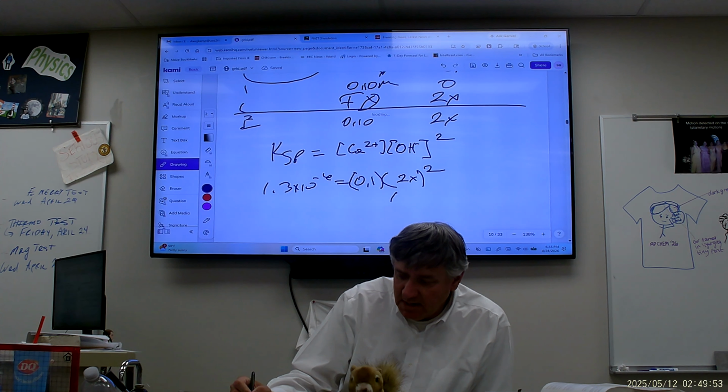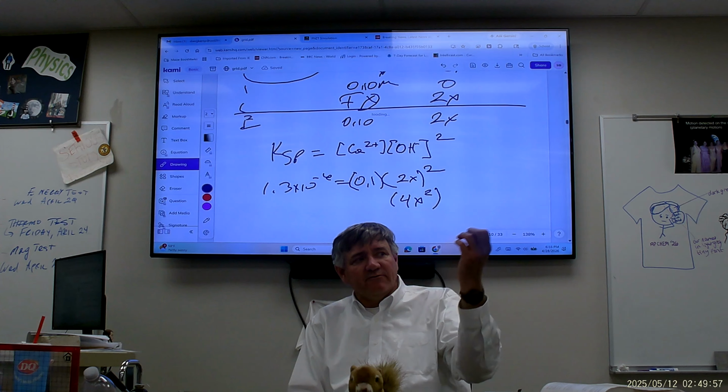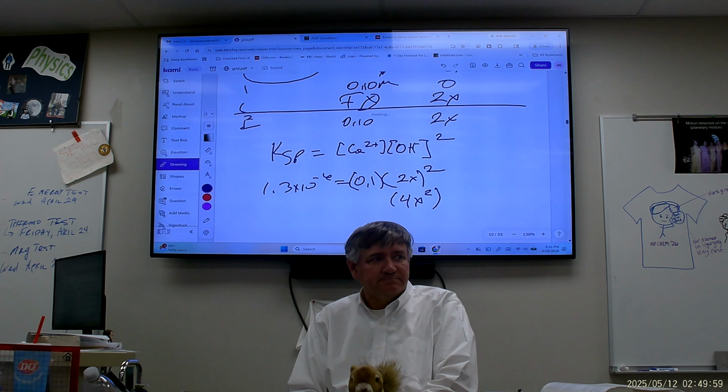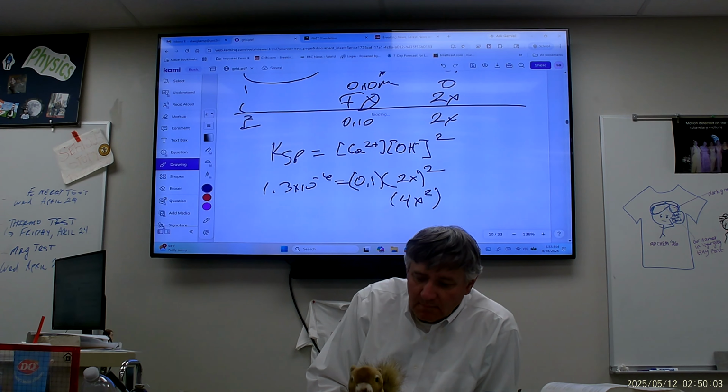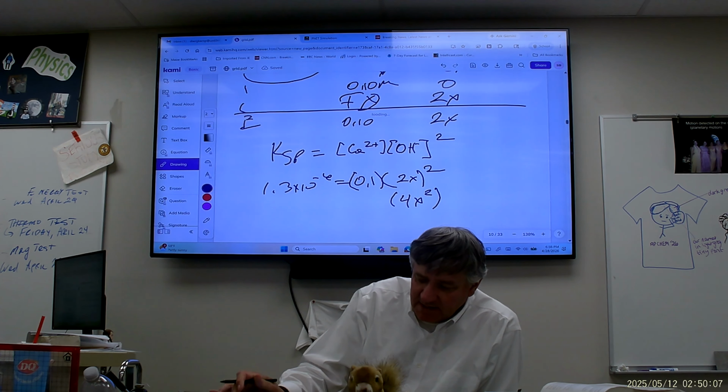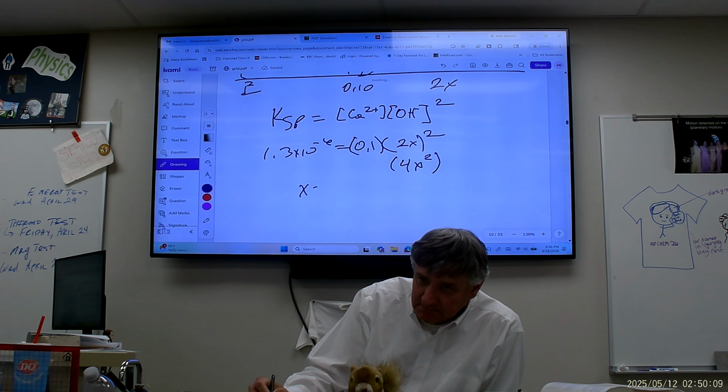So this becomes 4x squared, so you need to solve for x. You're just going to divide by 0.4 and square root. What do you get for x? 1.8 times 10 to the minus 3.